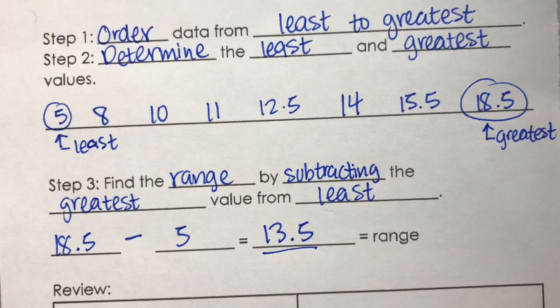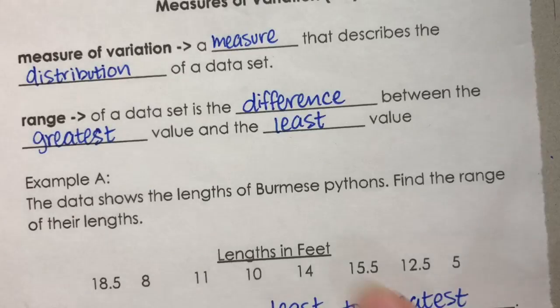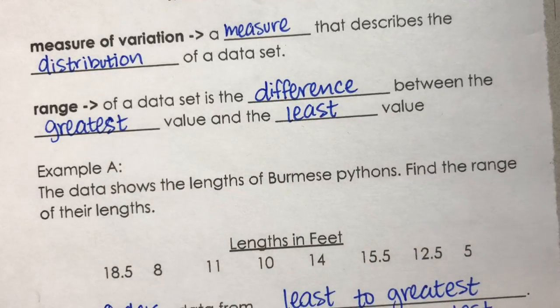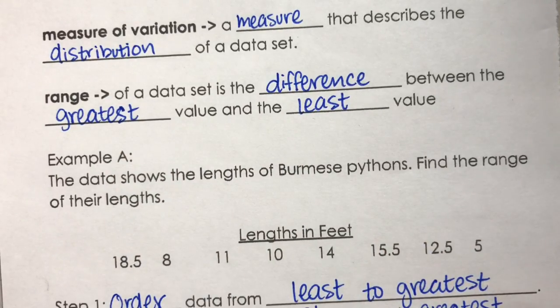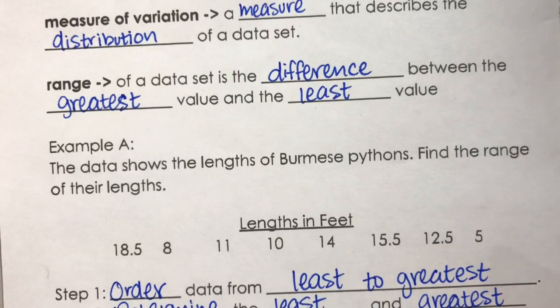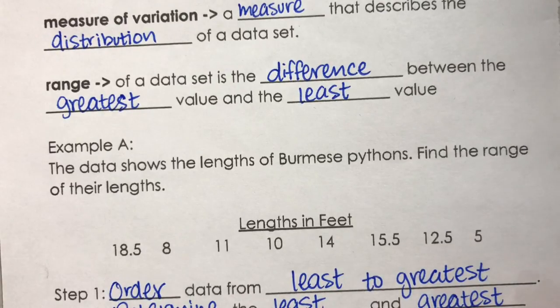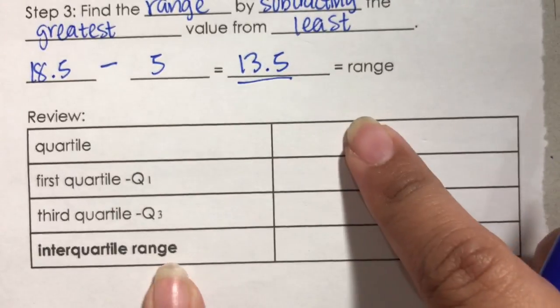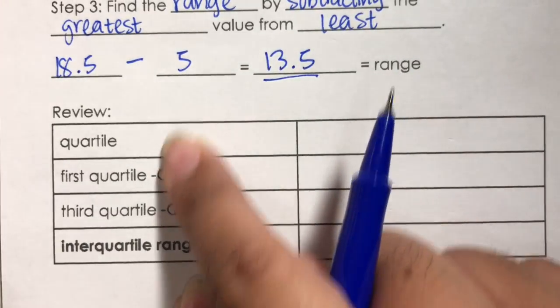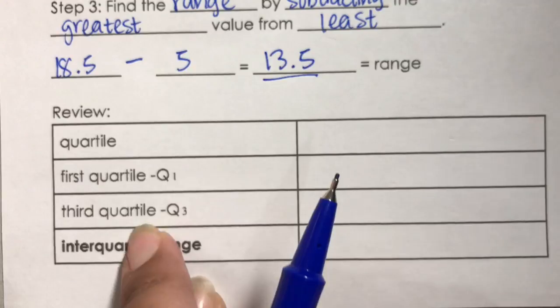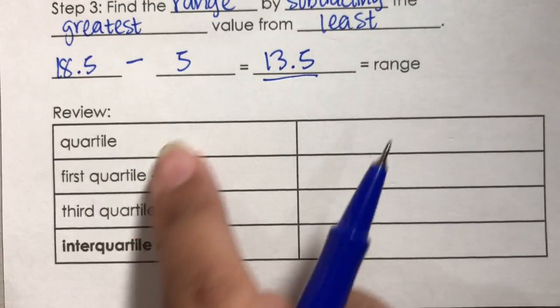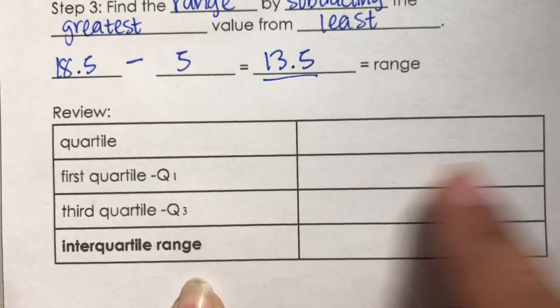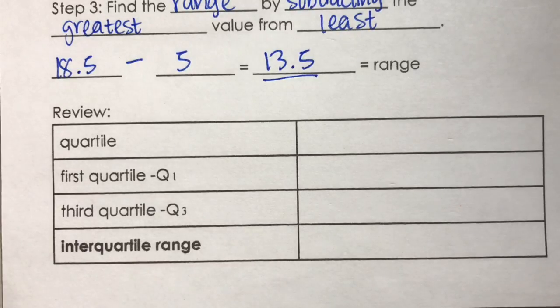Okay, so now that we know how to find the range, before we move on to finding our interquartile range, we have to go over some vocabulary that we went over already when we did box plots. If you look at the bottom of your page of your notes, you'll see this little table with some words that might look familiar or might not, depending on how much effort you put into paying attention to box plots.